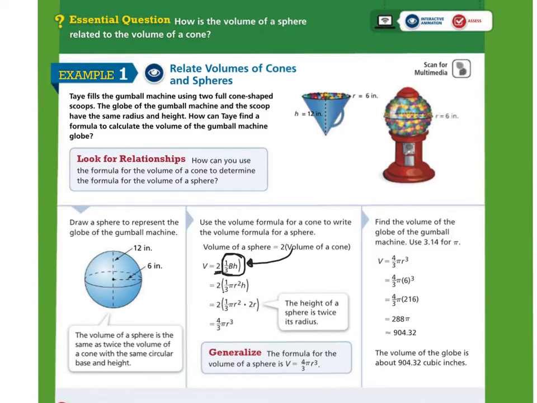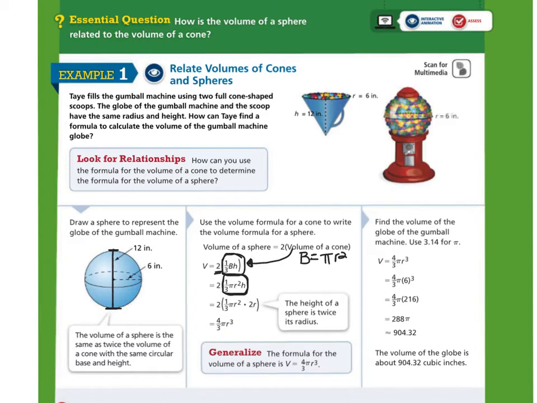So they've expanded that volume formula here to show you that the area of the base, remember, that B, is pi r squared. And then you're going to multiply that by the h number, which is, of course, still representing height. Now, on a sphere, the height goes from the top of that sphere all the way down to the bottom of the sphere, okay?